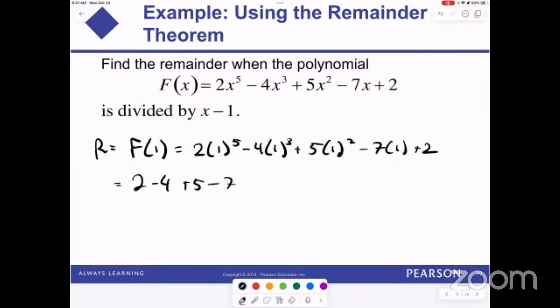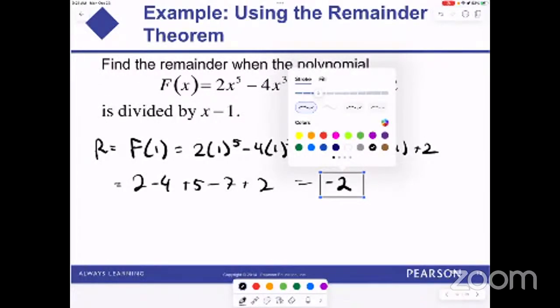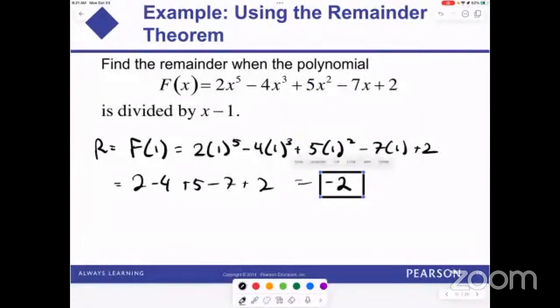Let me see, that's 9 minus 11, which is negative 2.